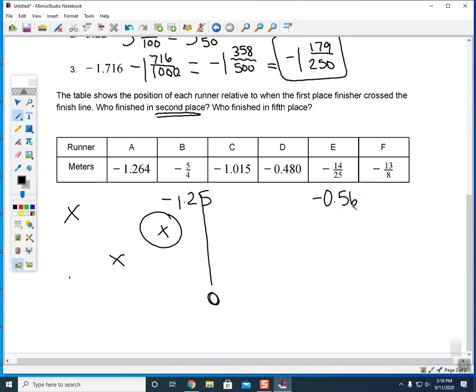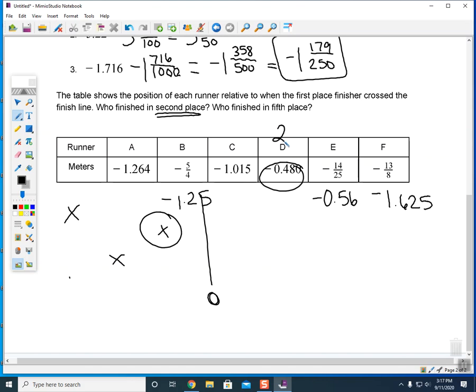And then over here I've got negative 13 divided by 8, which is going to give me a negative 1.625. So now if I'm looking at who's in second place, well, my 0.48 is the closest to 0. So player D came in second.